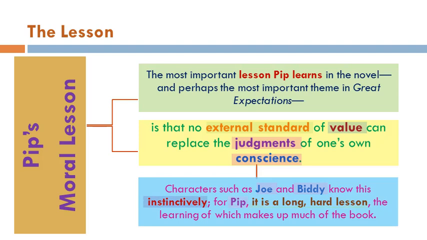For Pip, it is a long, hard lesson, the learning of which makes up much of the book. So, the lesson Pip learns in the novel is that no external standard of value can replace the judgment of one's own conscience.